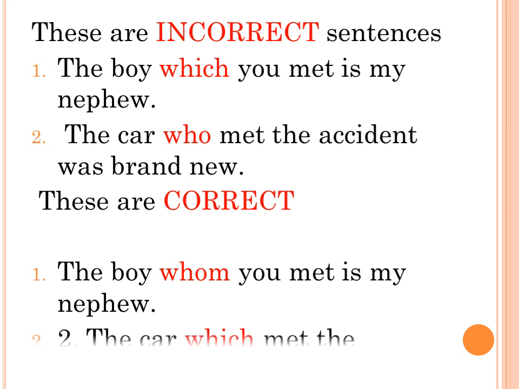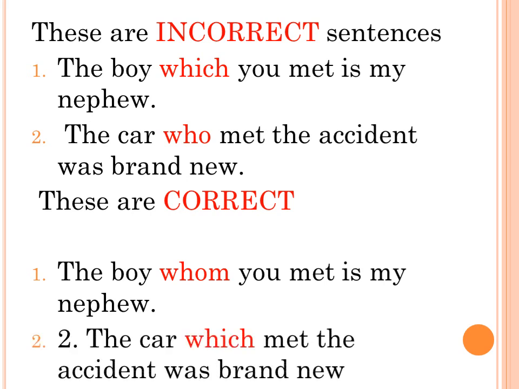Another sentence: the car who met the accident was brand new. This is a wrong sentence. Who cannot be used for a thing or an object. The car which met the accident was brand new is the correct sentence.